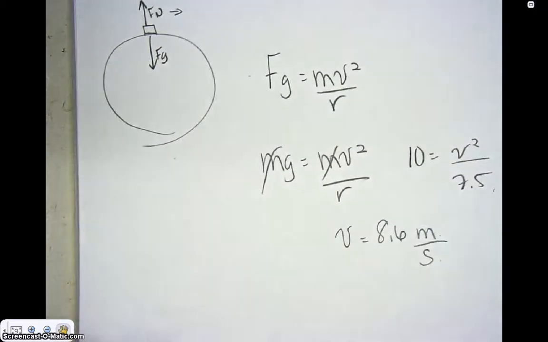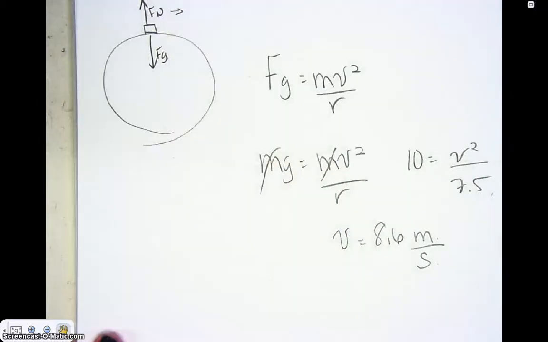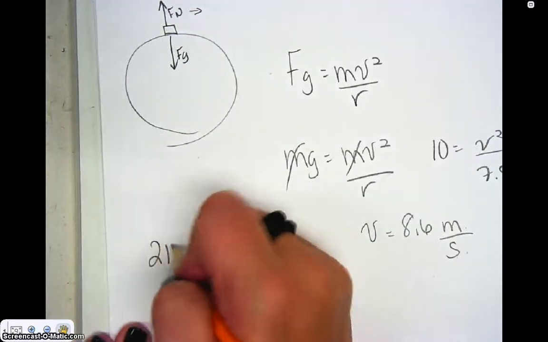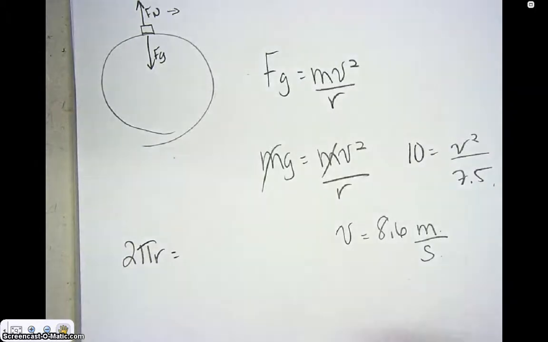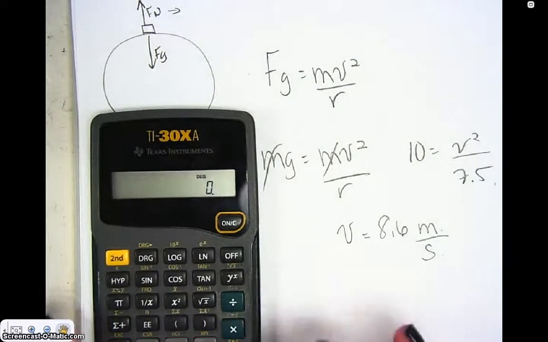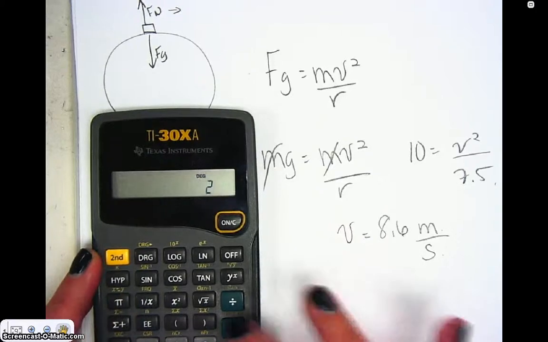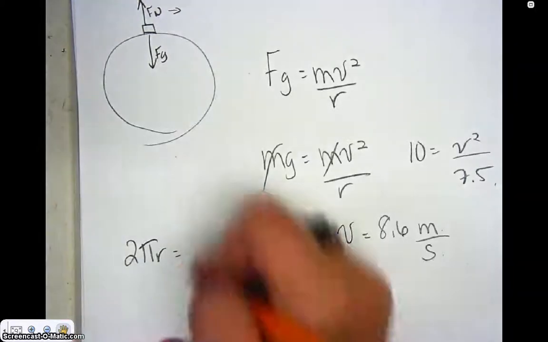What fraction is 8.6 meters of one revolution? So we need to figure out the circumference. The circumference is 2 pi r, so pi times 2 times 7.5. So the circumference is 47 meters.